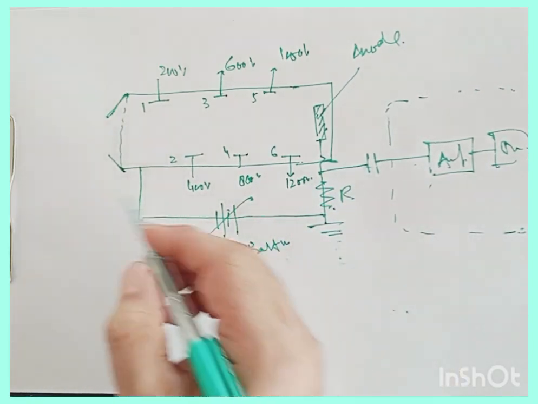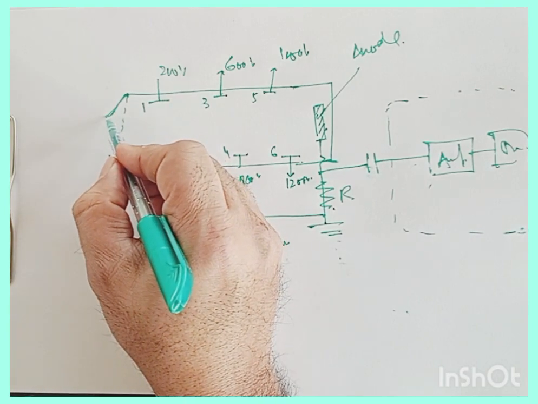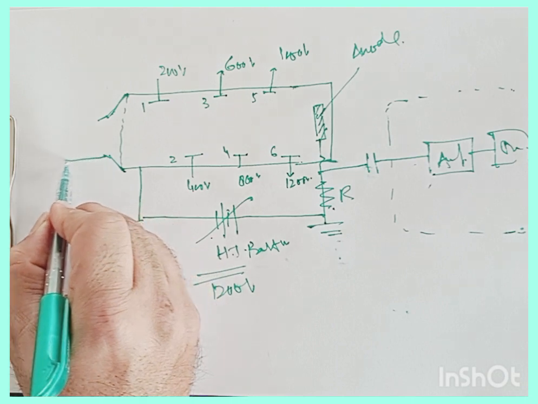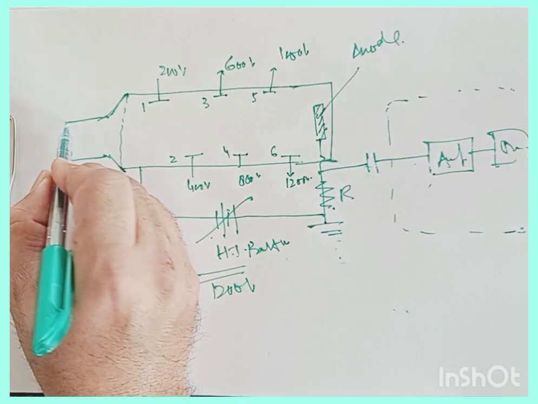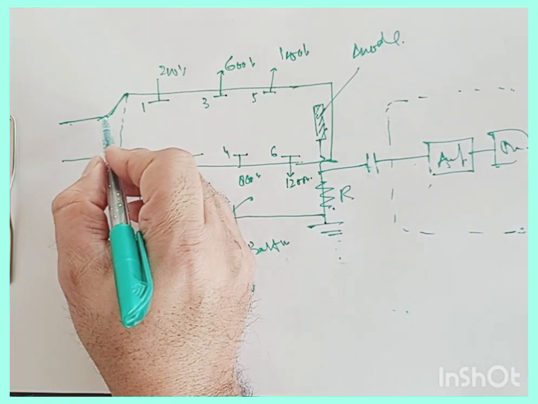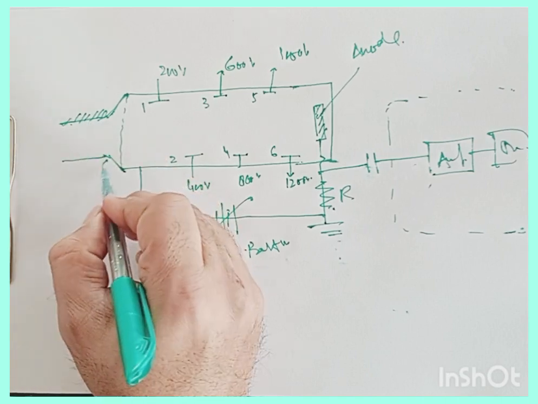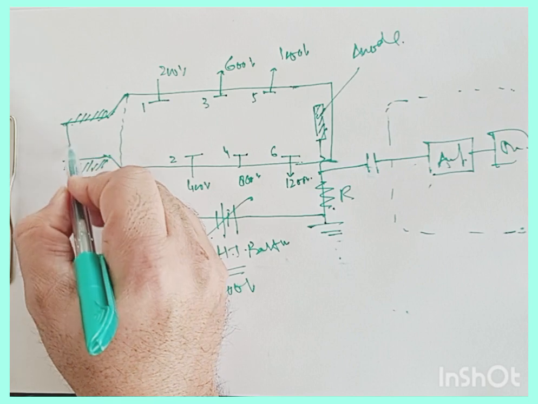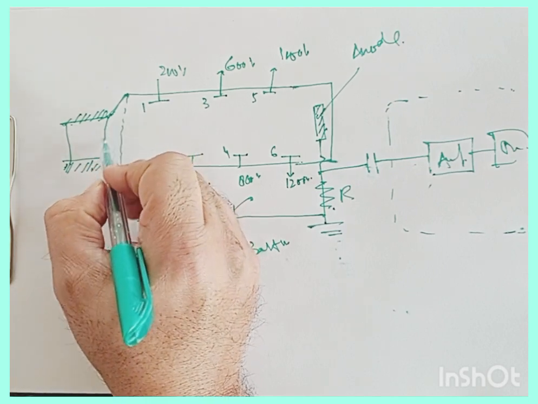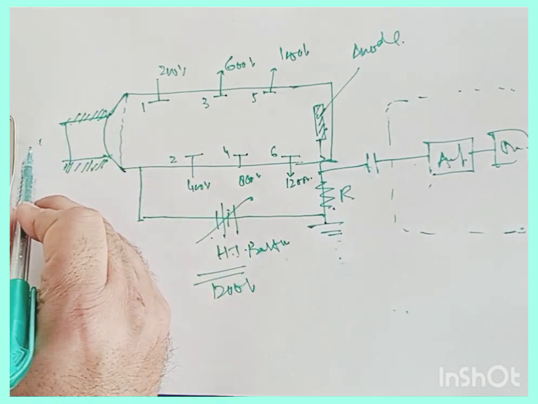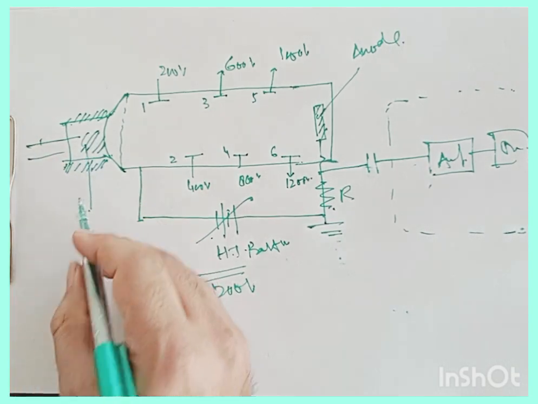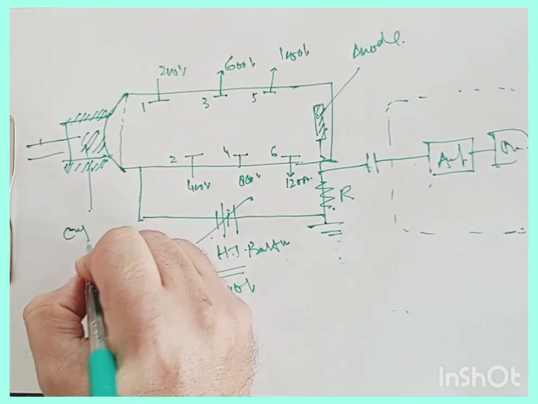Okay, and we have to have a scintillator, and this scintillator has to have a covering, and here we will have the incident radiation. So this is the scintillator, the crystal.